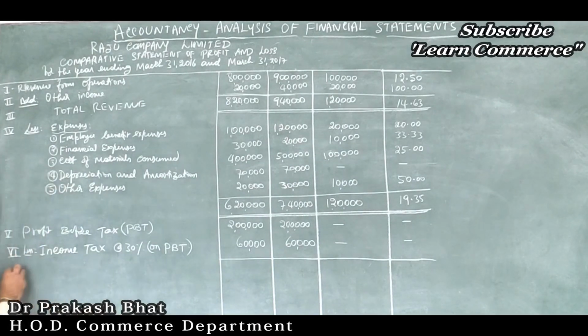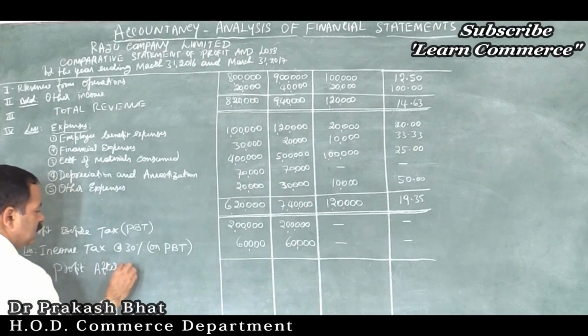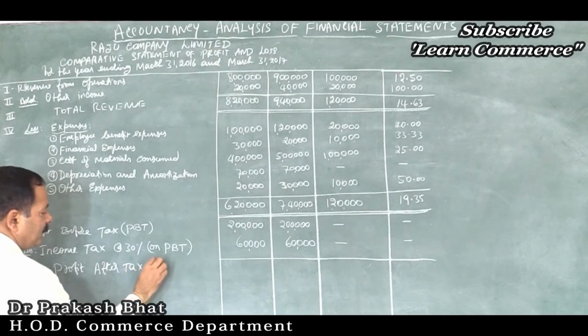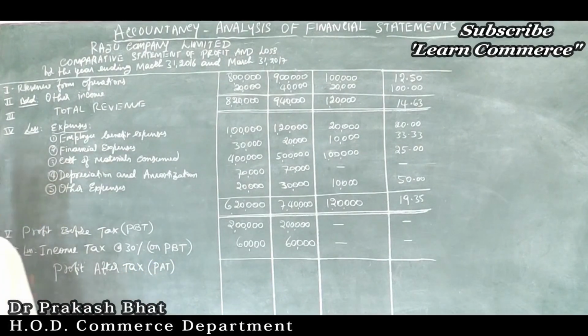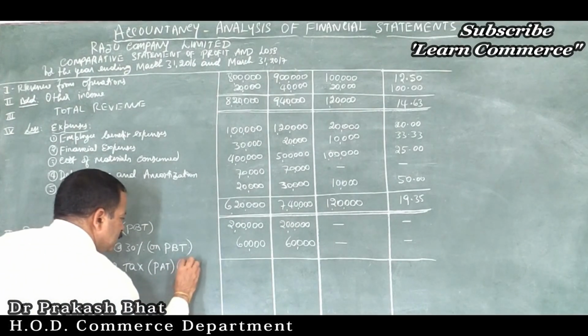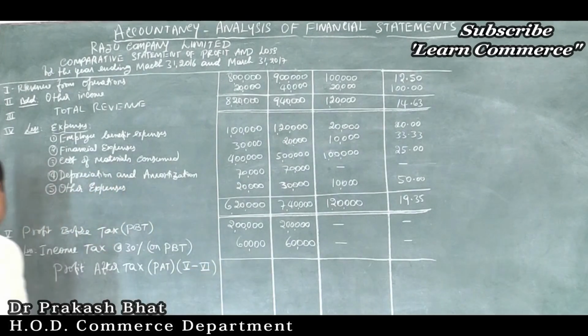Right here, last one, that is profit after tax. No need of giving a Roman number for that. Profit after tax or PAT, that is Roman 5 minus Roman 6, right?